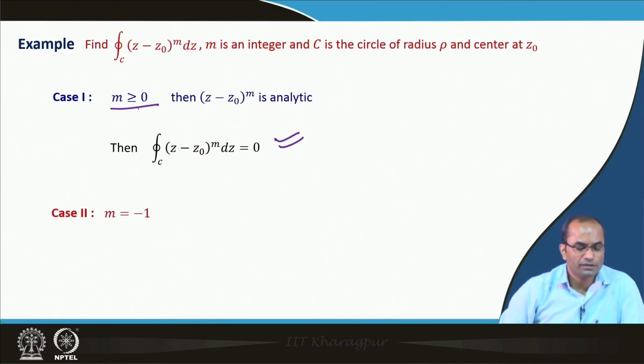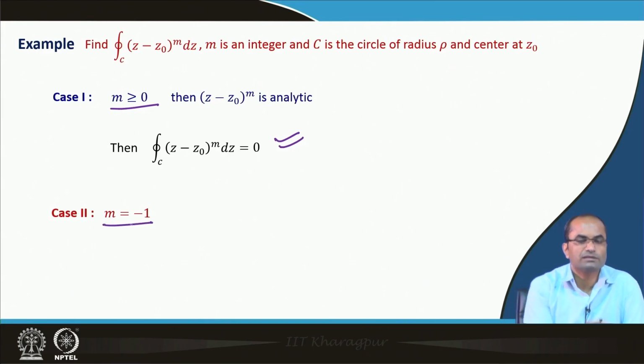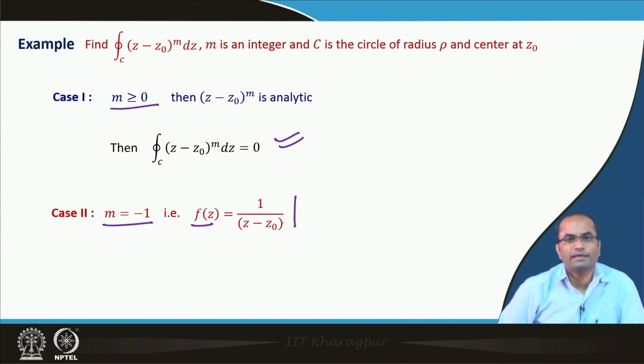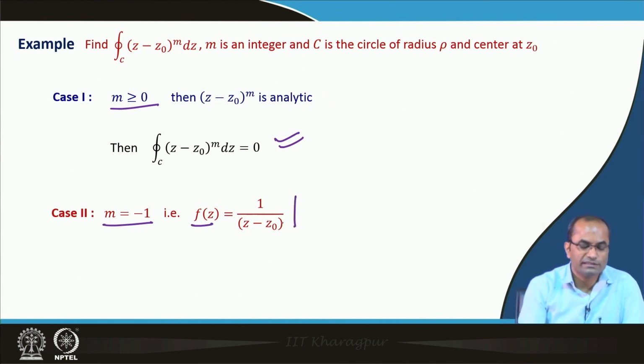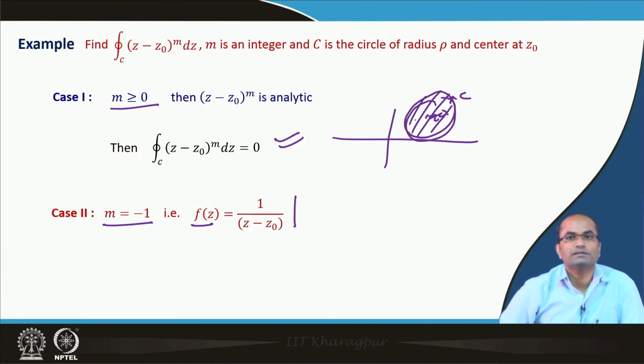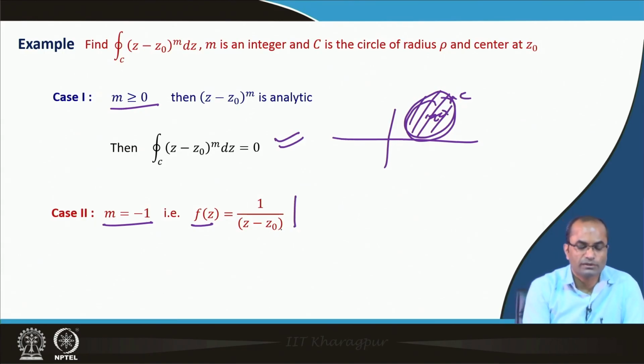The second case we will consider is when m is equal to minus 1. Then our function is 1 over (z minus z0). In this case, the function is not analytic in the domain which contains the point z0 and this curve C, because at z equal to z0 there is a problem; the function is not defined there.